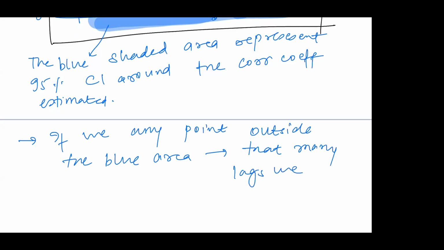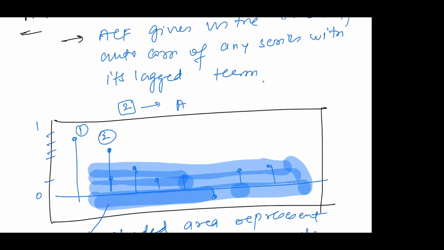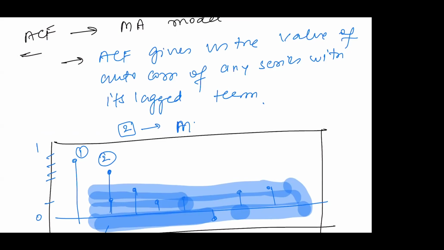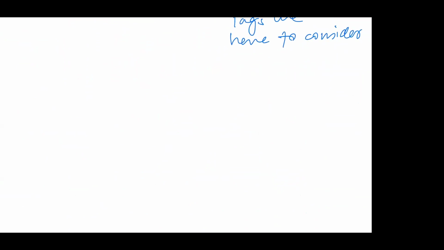Here, this is the first point, this is the second point. So we have two points outside the blue shaded area. That's why we'll take the MA2 model for modeling the time series. This is one way of understanding how many lags you should consider in your time series.